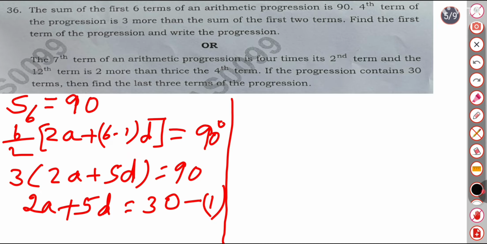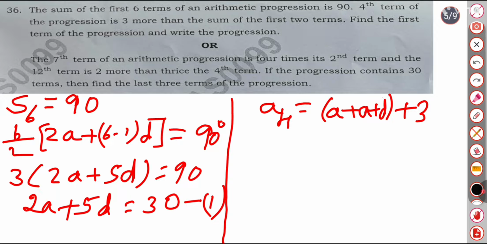Now we will find equation number 2 by using the second sentence. See, the fourth term of the progression means A4. What they said: 3 more than the sum of the first 2 terms, A and A plus D. So A4 is what? A plus 3D.